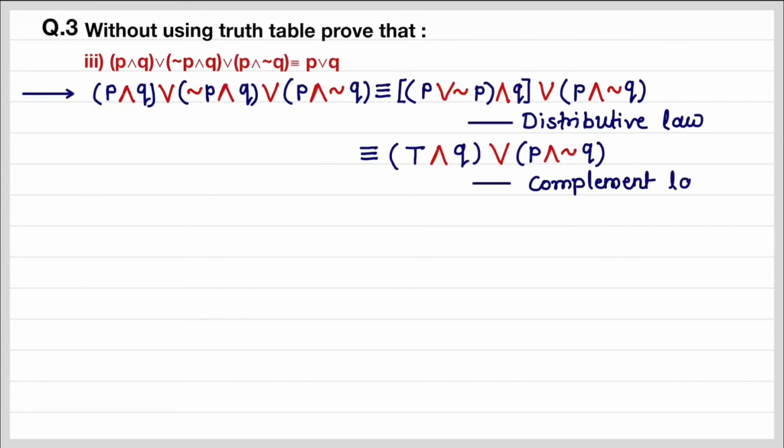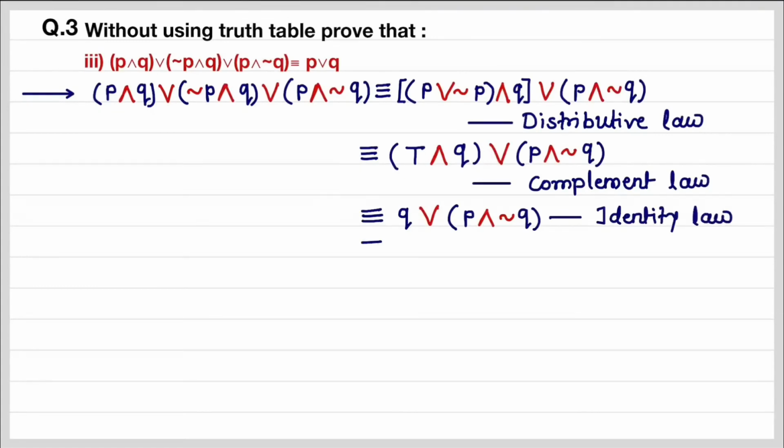But T and Q is equivalent to Q. So it becomes Q or the second bracket, P and negation of Q, by identity law. Now we have to use distributive law.